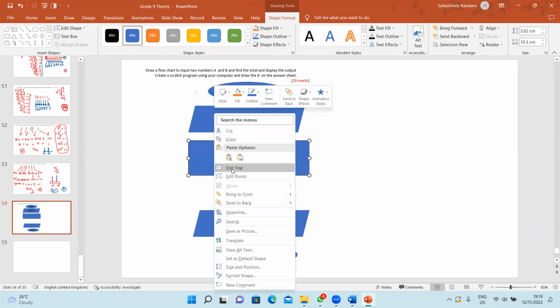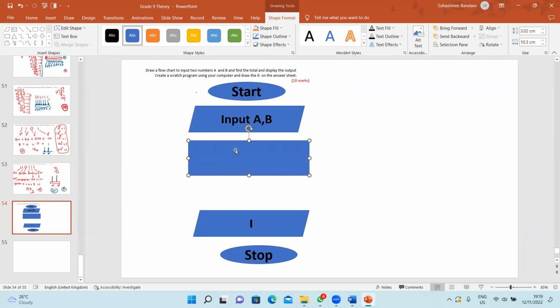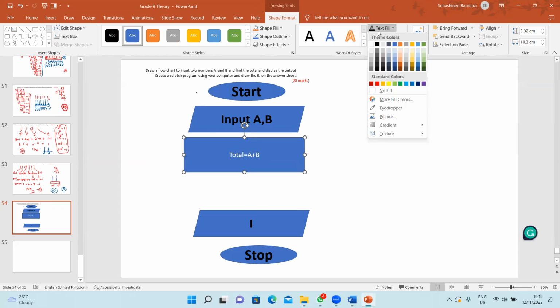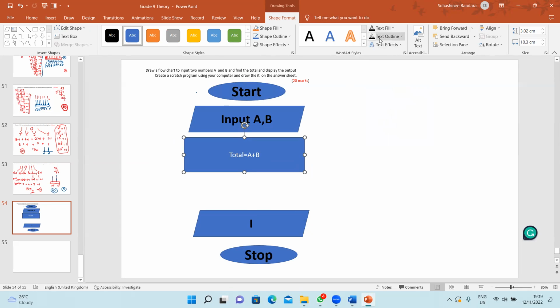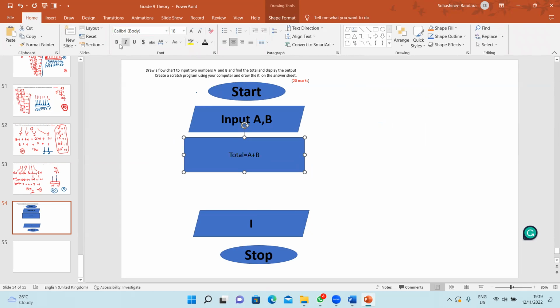Then in edit text, take it as total equal A plus B. Then we have the total.